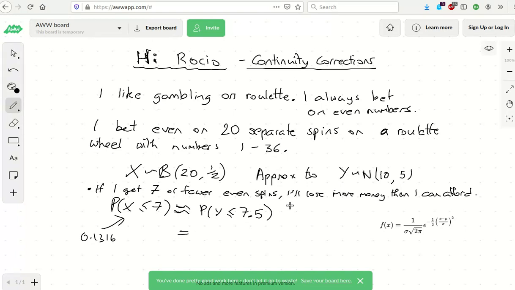The lower I'll have is like minus a million. That's quite a low number. The upper is 7.5, the standard deviation was root 5, and the mean was 10. Okay, I'm getting 0.131776. So that's not a bad approximation, it really isn't.